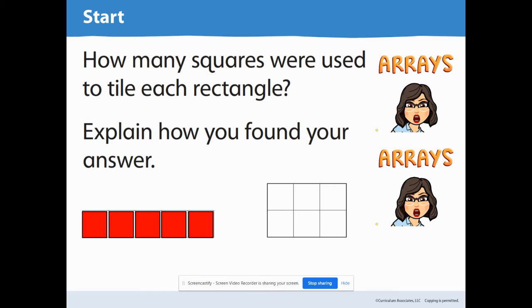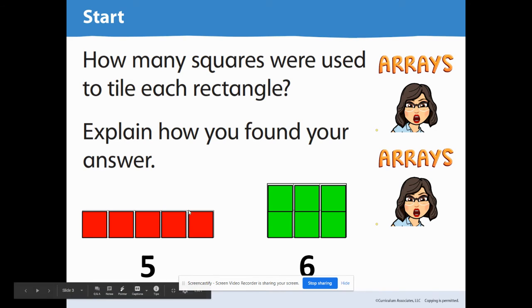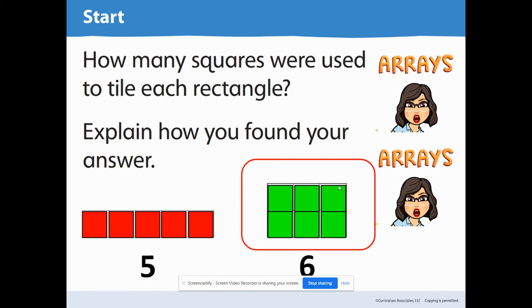Okay, how did you find your answer? How did you find the number? Well, let's see. I can count one by one, but it takes a long time. Watch this. 1, 2, 3, 4, 5, and 6. Did you find 6? But there's a different way. Did anyone circle these two right here and say 2, 4, 6? Count by twos.